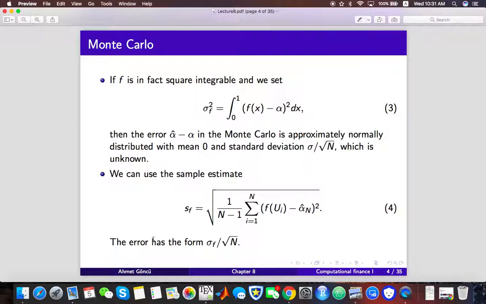So the summary is that in Monte Carlo simulation, we can observe the error decay or converge to 0 with big O of 1 over the square root of n. We can verify this in our Monte Carlo simulations: as we increase the sample size n, we should notice the convergence rate to be proportional to 1 over the square root of n.